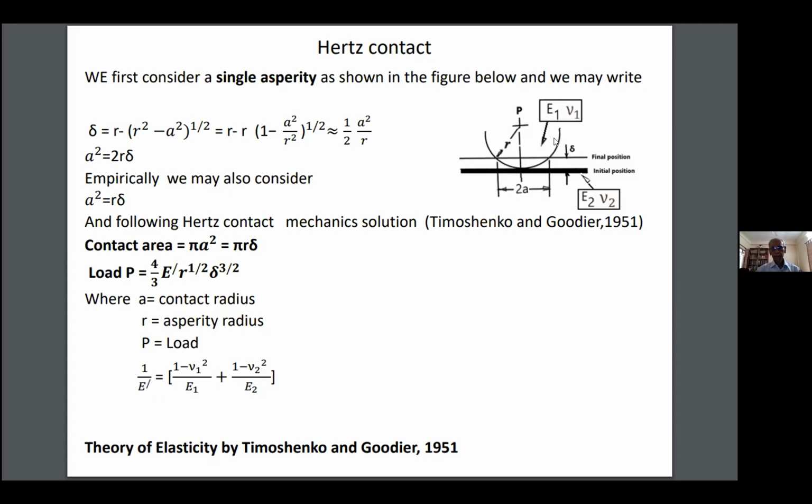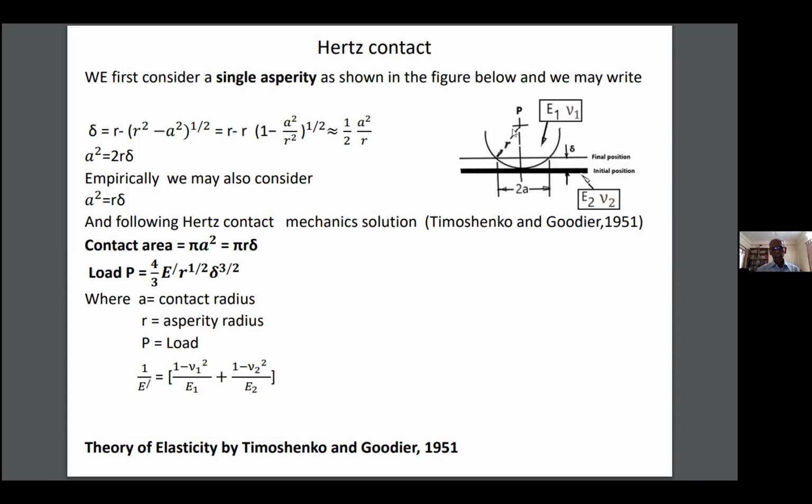Asperity, as we have said, will be assumed as a hemispherical body, and it is in contact with a flat surface. So when we apply a load P, for example, then from the initial point contact, it goes up and makes a contact area of diameter 2A. It will be a circular contact area, and its radius will be A.